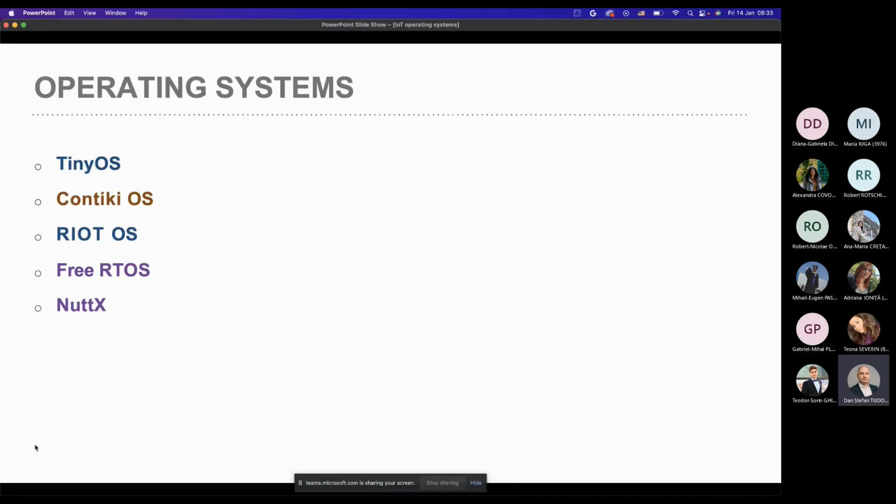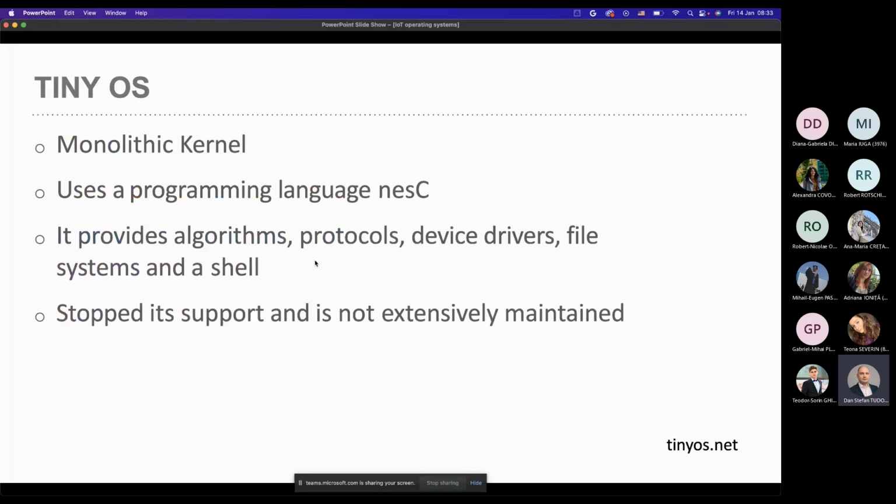So the main operating systems that we are going to be talking about are these. We're going to be talking about TinyOS, Contiki, RIOT, and NuttX as main operating systems that are used right now for different IoT applications. Now, TinyOS is a monolithic kernel, I was mentioning before. You can find this operating system at the link here, tinyos.net.